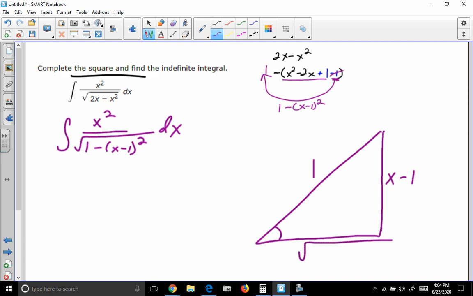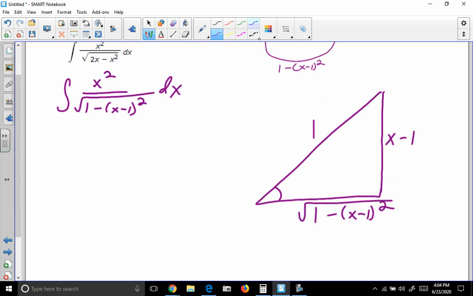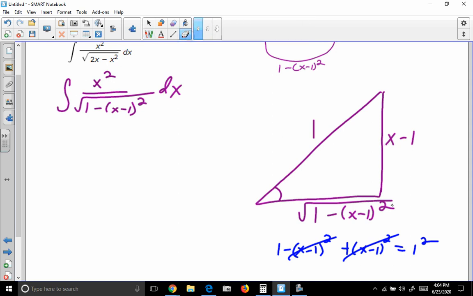And then the square root of 1 minus x minus 1 squared goes there. If we wanted to check to make sure that was right, think about it. If we square this bottom, we have this. If we add that squared, we would have that, and that should equal the hypotenuse squared. This negative and that positive would cancel, so yes, using the Pythagorean theorem, that's true.